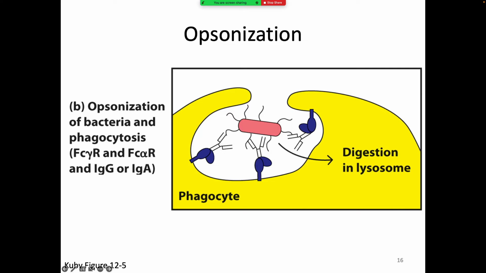Opsonization, in the case of complement, required that a cell have a complement receptor. So the macrophage had to have a complement receptor so that it could see that complement coating to phagocytose the cell. In the case of the antibody opsonizing, the complement receptor is not really going to work here.